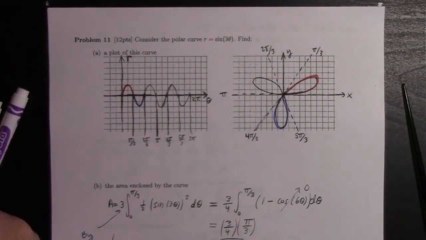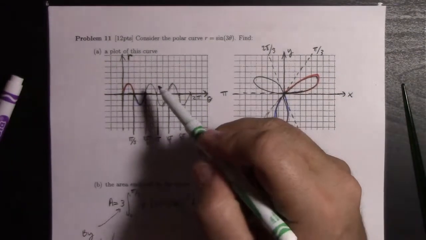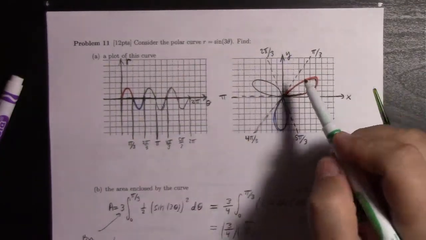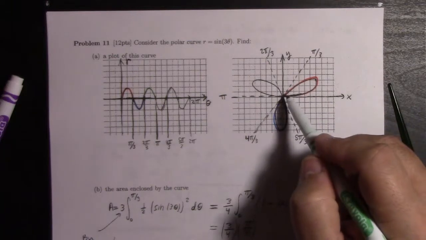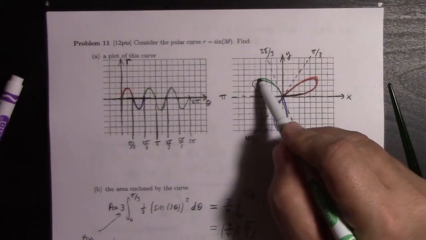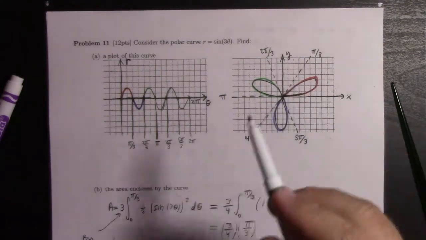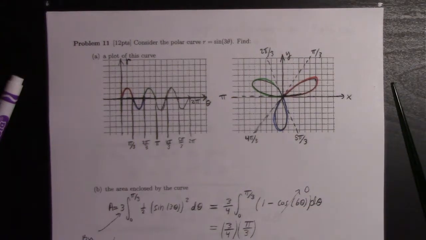And then from 2 pi over 3 to pi, we get that, which would be here. And then as you go on, you just retrace your steps.